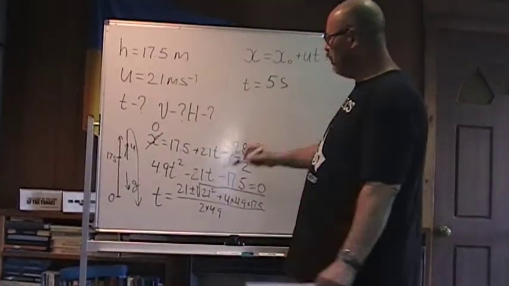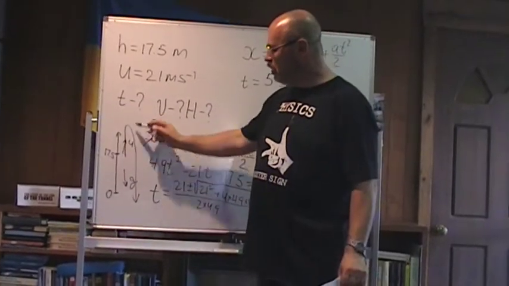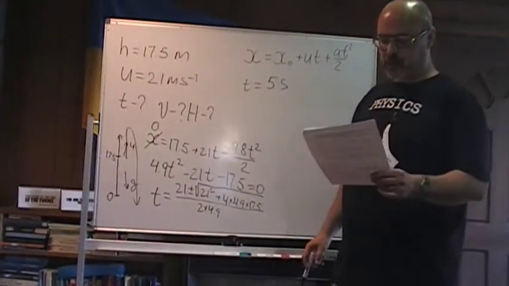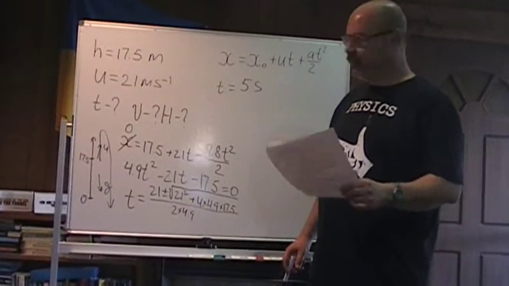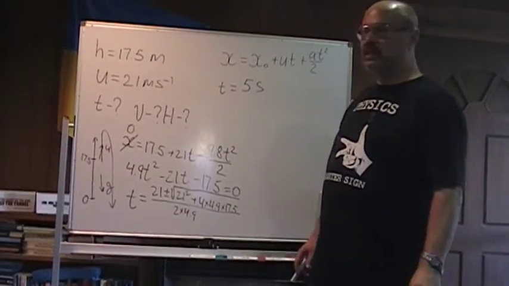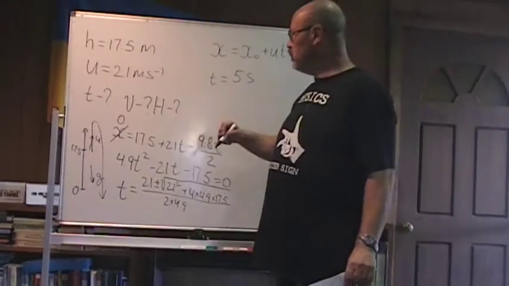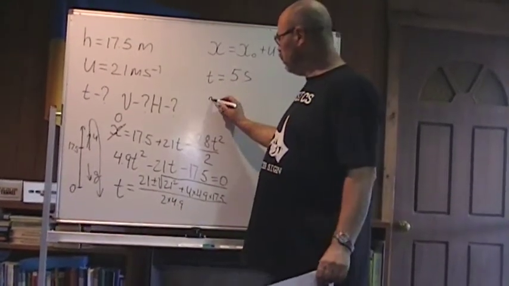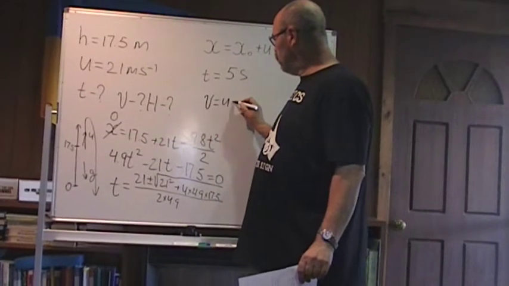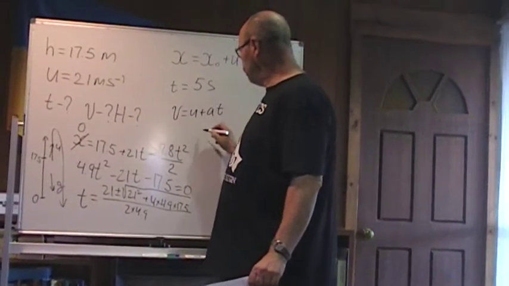So it will take 5 seconds for the stone to go up and then drop to the bottom of the cliff. To find the velocity with which it hits the ground, the best is to use formula number 1: V equals U plus AT.